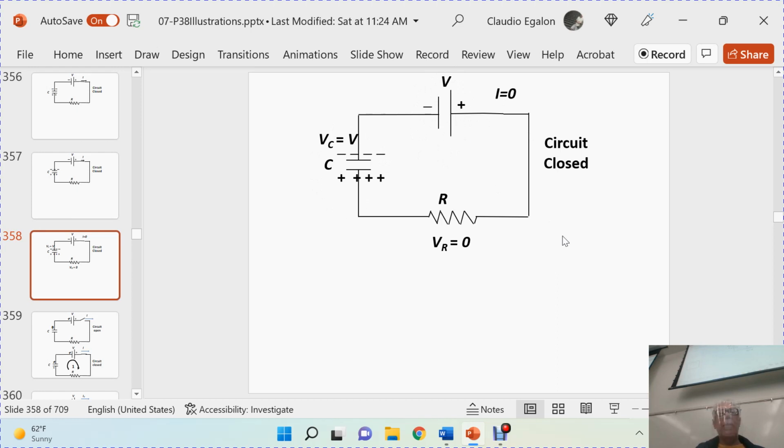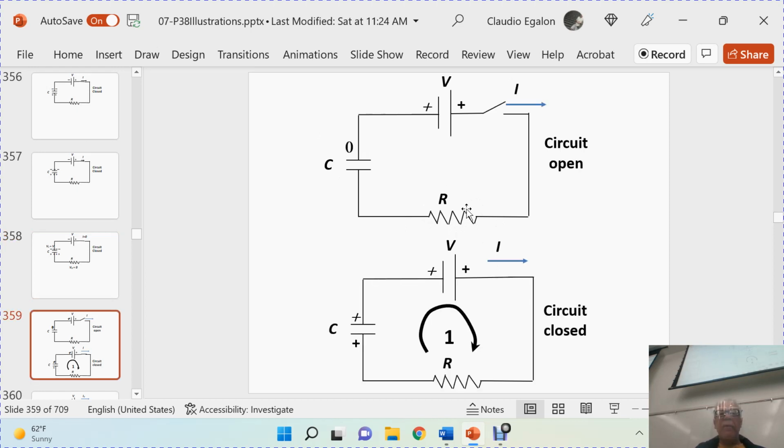So if the potential difference in the capacitor is V, the potential difference in the resistor is going to be 0 because there is no charge flowing through the resistor. Remember, V of the resistor is Ri. If i is equal to 0, the potential difference across the resistor is going to be 0 as well.